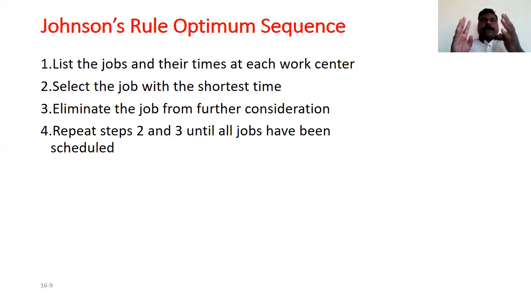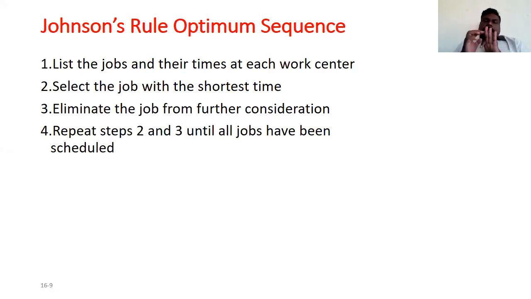So if you have four jobs, job 1 takes 2 minutes, job 2 takes 3 minutes, job 4 takes 4 minutes, job 5 takes 3 minutes. What is the shortest time? That is job one, with 2, which we are going to consider first.